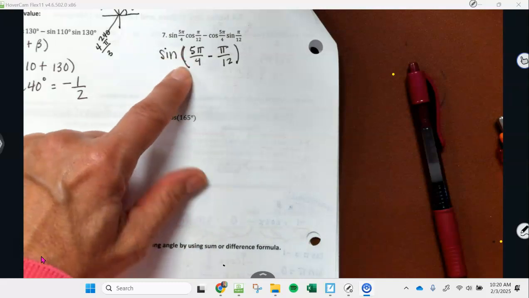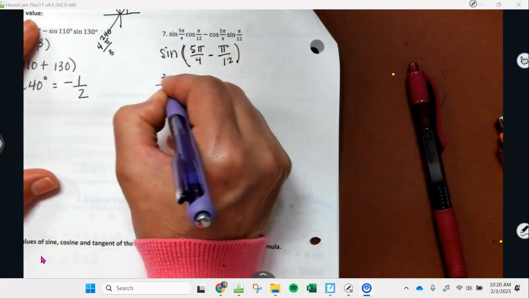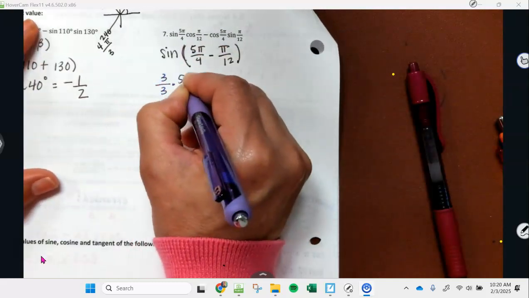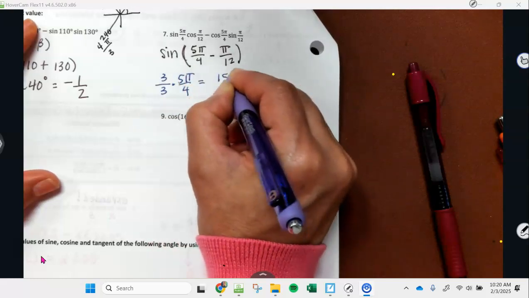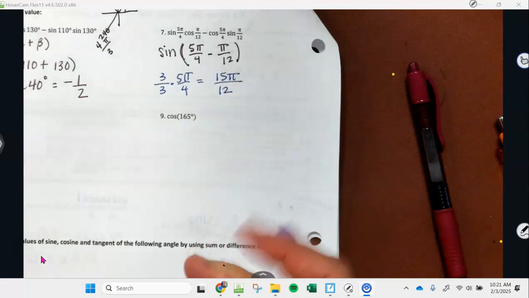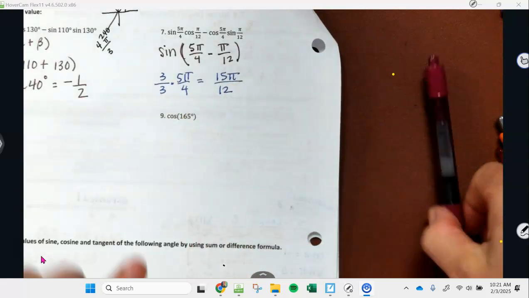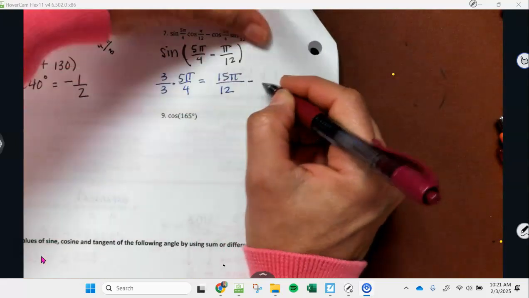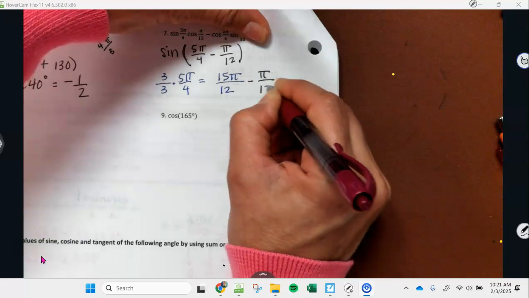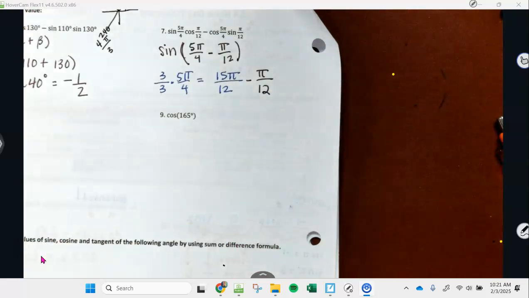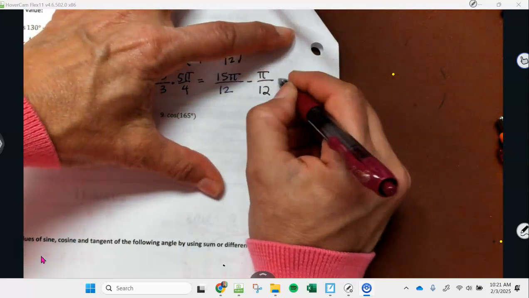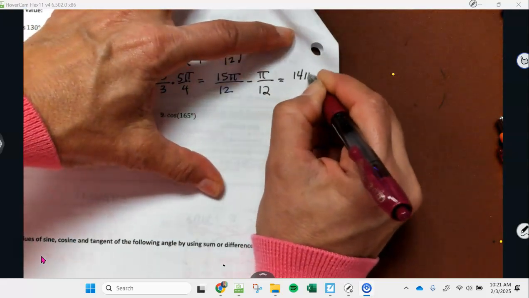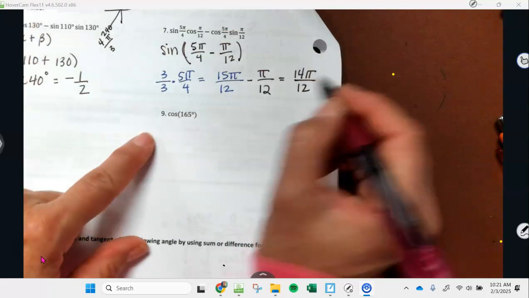So we're going to take this fraction, multiply by 3 over 3. So this is going to turn into 15 pi over 12. Now I can subtract regular pi over 12. So 15 pi over 12 minus pi over 12 is 14 pi over 12. That can be simplified.